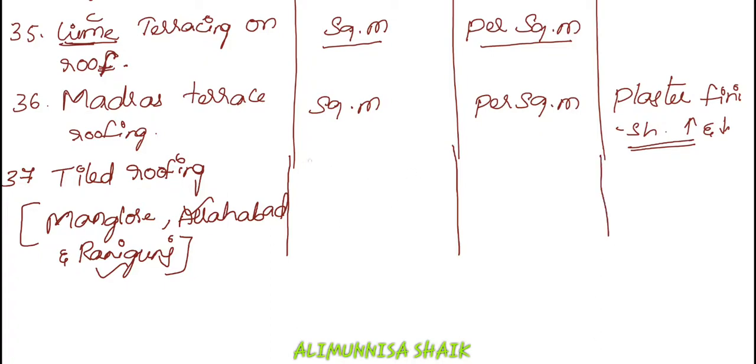The unit of measurement is taken in square meters, and rate is fixed per square meter. When we are going for a tiled roofing, by using Mangalore tiles or Allahabad tiles and Raniganj tiles, it is basically measured in square meters, and your rate of measurement is done per square meter.